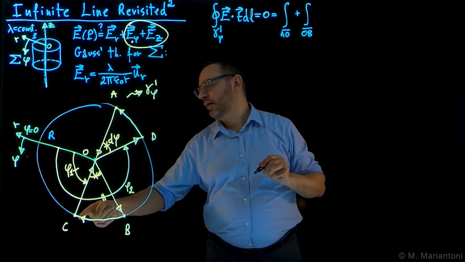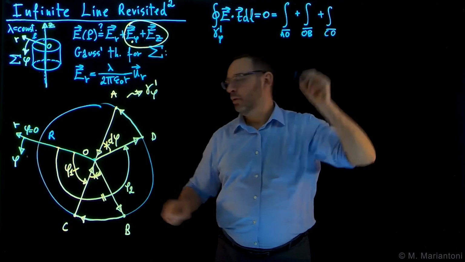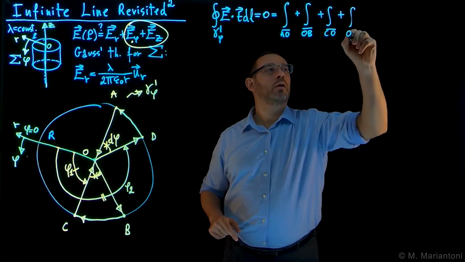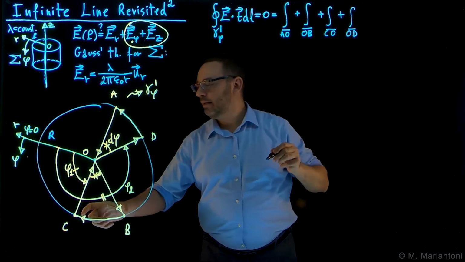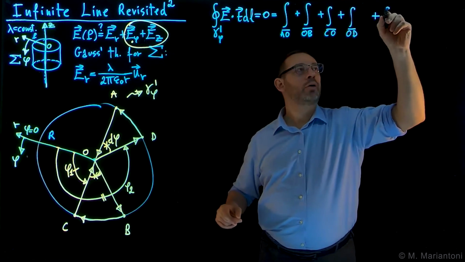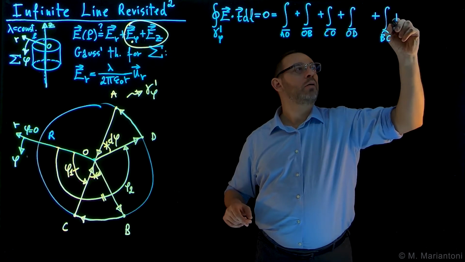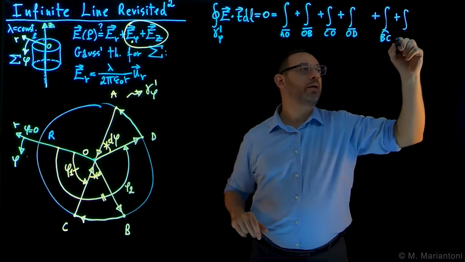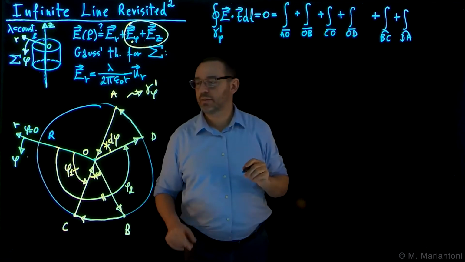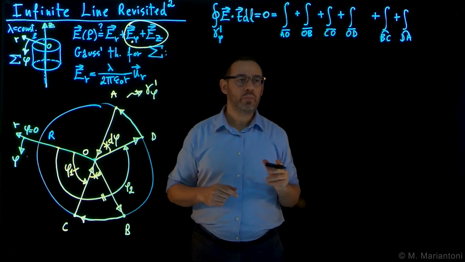Then let's keep the arc for a second, CO. Then we go from O to D. And then let's put together, aside, the two arcs, which are the arc BC plus the arc BA in these directions. Four plus two, six. These are the six terms, the six components of this integral.